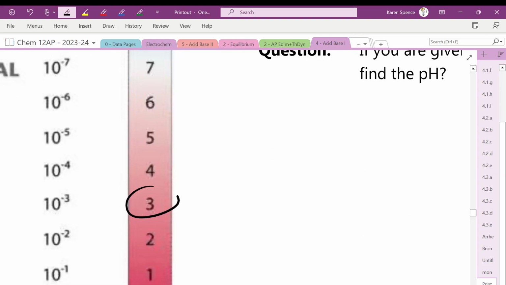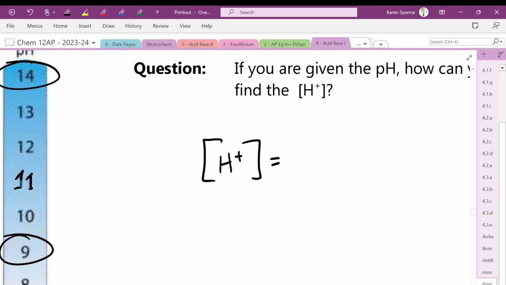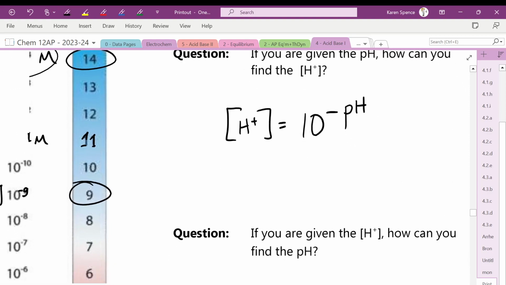If pH is 3, concentration of hydrogen is 10 to the negative 3. So what would a formula be that you could use to find concentration of hydrogen? 10 to the negative pH. Okay.